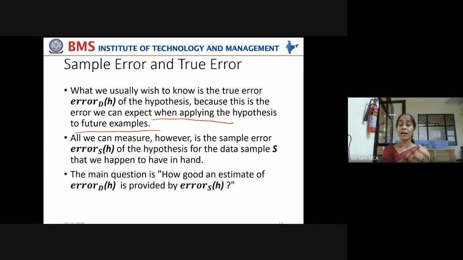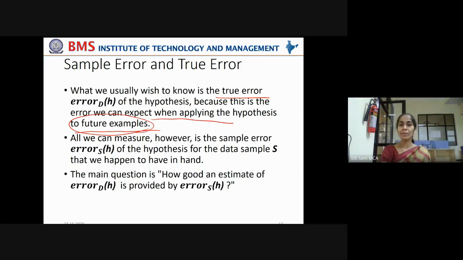Whether your machine learning model is generalizing well to the unseen data, to the larger population, whether it is predicting the unseen data correctly or not, that is of interest, and that is called true error. This is the error we actually expect when applying the hypothesis to future examples. So we are more interested in true error than in sample error.